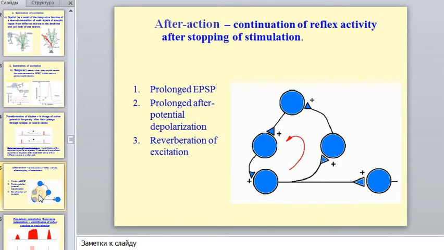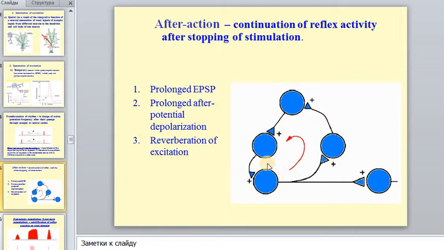Next one, aftereffect. This is a continuation of the reflex activity after stopping of stimulation. So it's a prolonged excitatory postsynaptic potential, and prolonged after-potential depolarization, and in the same kind reverberation of excitation.